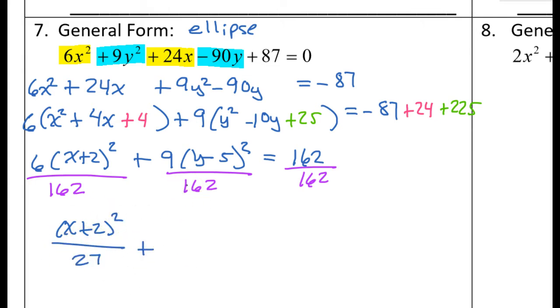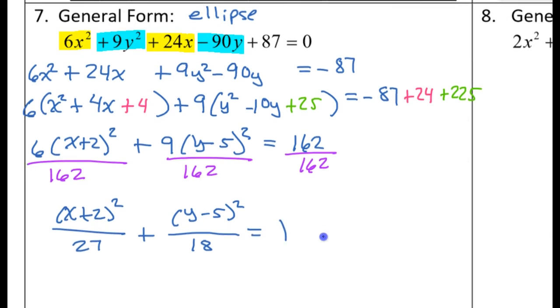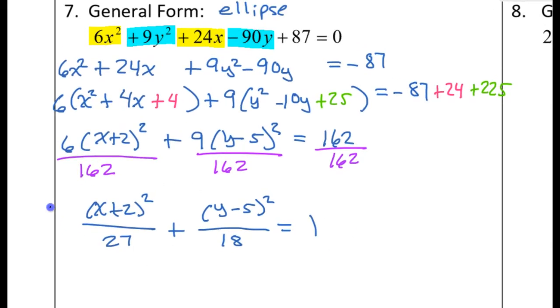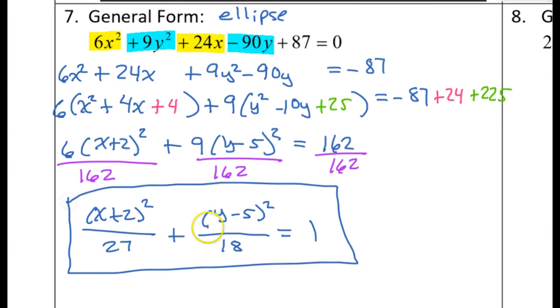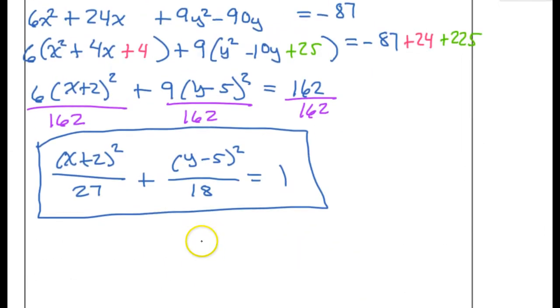All right, hopefully 9 also divides in evenly. 9 goes into 162 18 times. So I have y minus 5 squared over 18 is equal to 1. So that's it. This is the standard form equation of the ellipse. All right, did they ask us anything else? No, just the equation. All right, that's it.